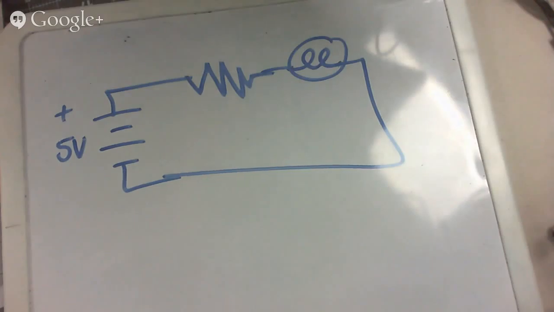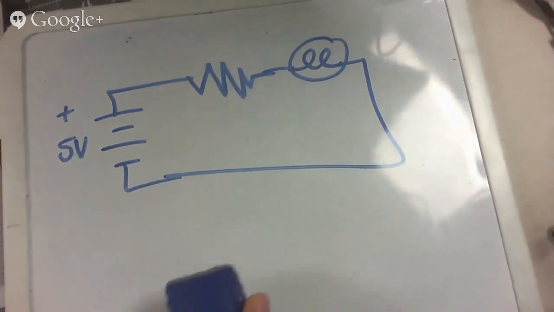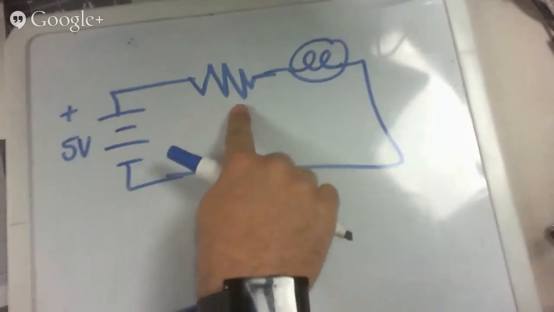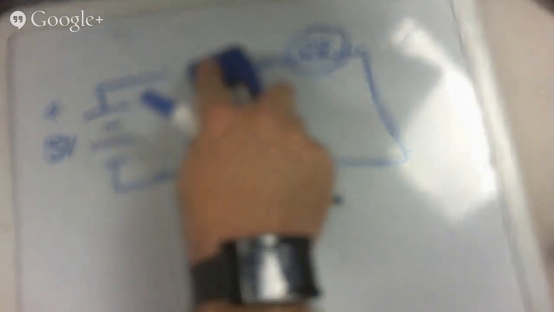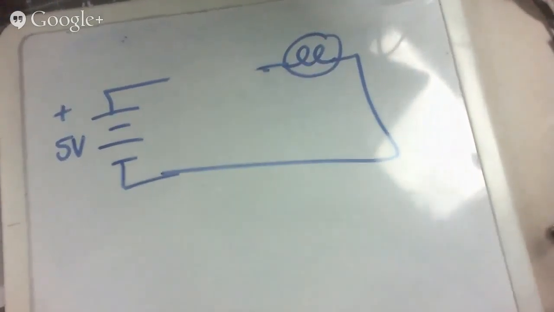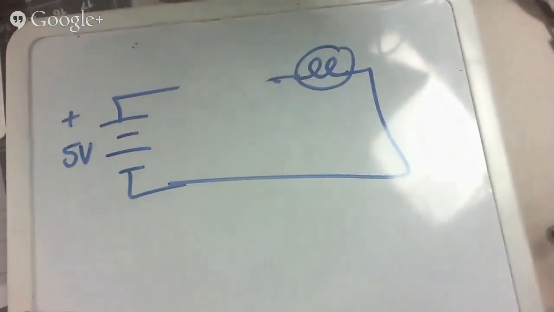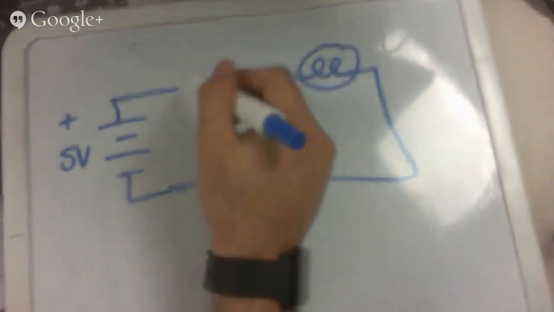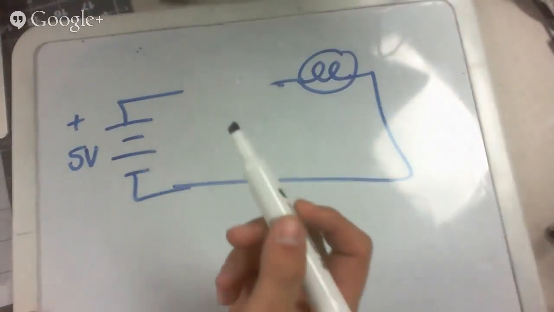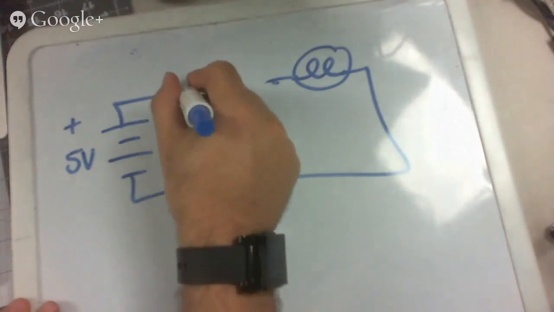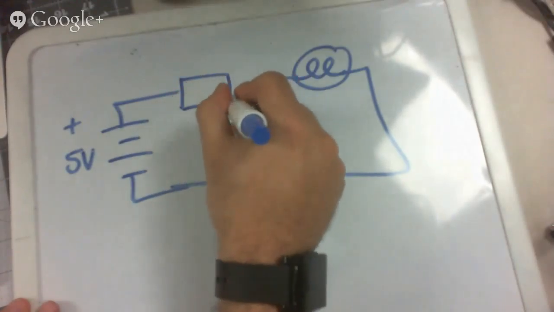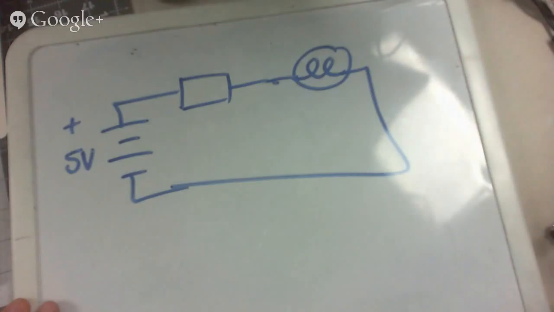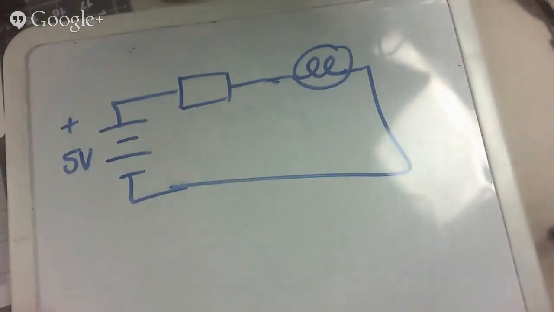Now, real quick, let me also say, this symbol is the one I've always seen and used, and I think it's the American symbol. Just so you know, there's another symbol for a resistor, simply a little rectangle, which I think is the international symbol.